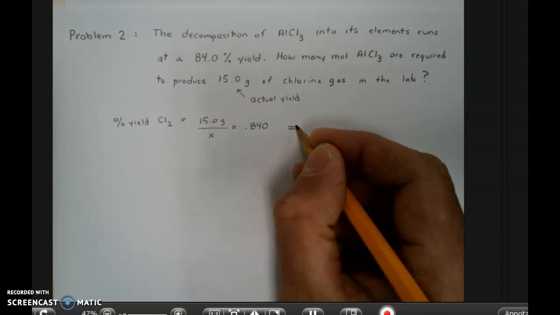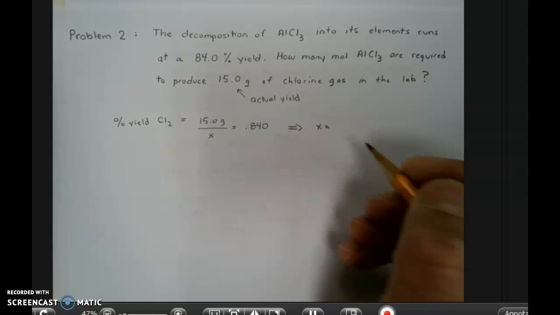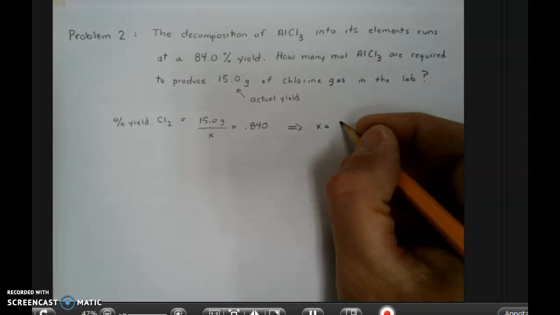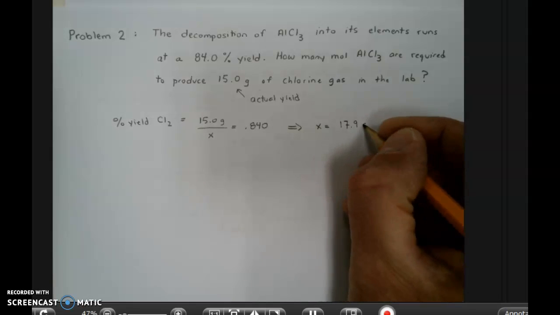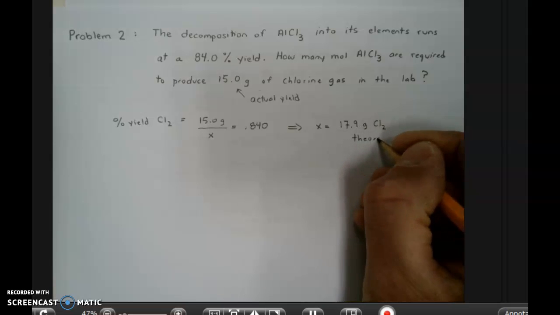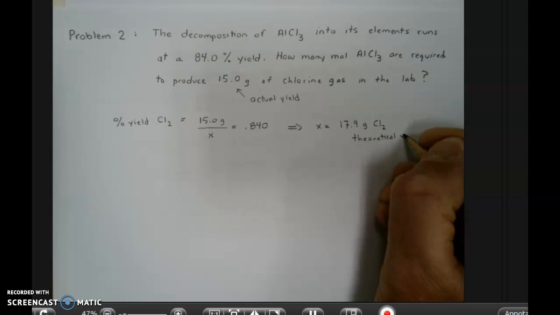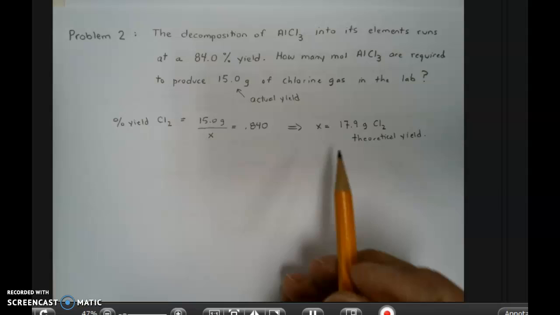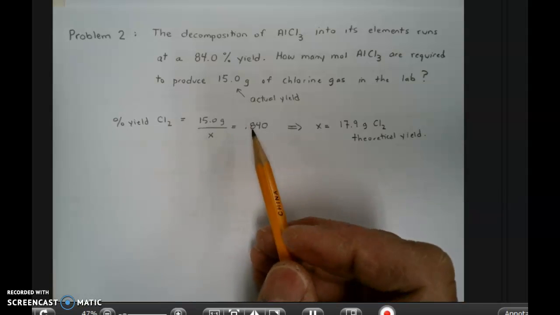And when I solve for X, I get 17.9 grams Cl2. This would be my theoretical yield. The first step I took is I realized they gave me the percent yield.